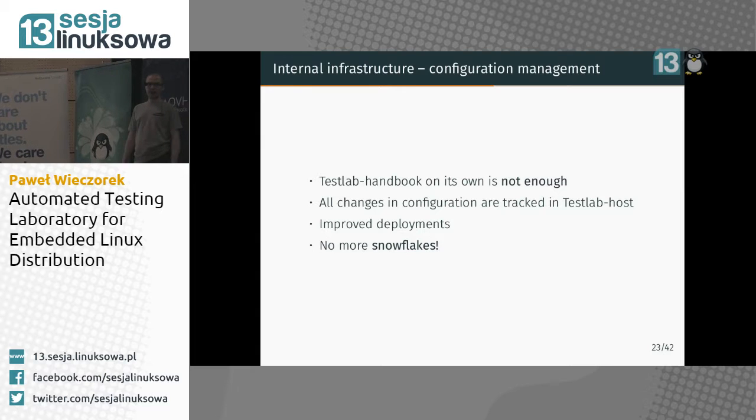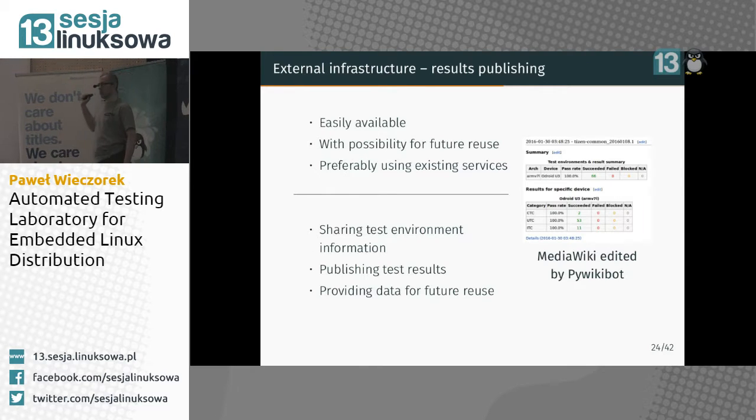As for external infrastructure problems, we had to publish our results, and we wanted them to be easily available, and we didn't want the users to have to learn new services or new interfaces.